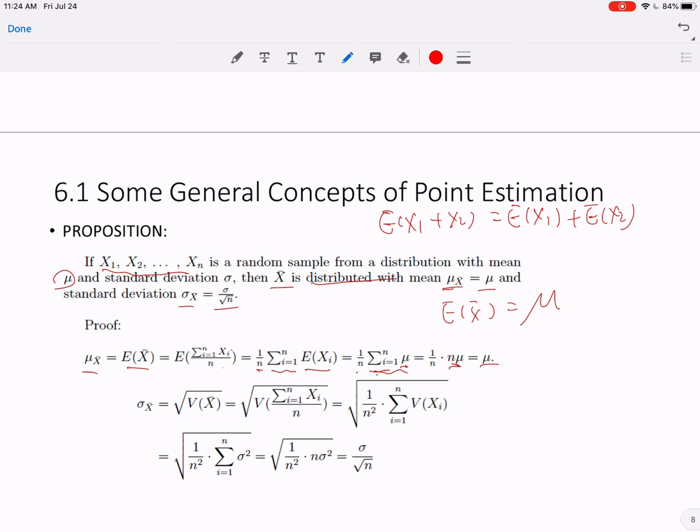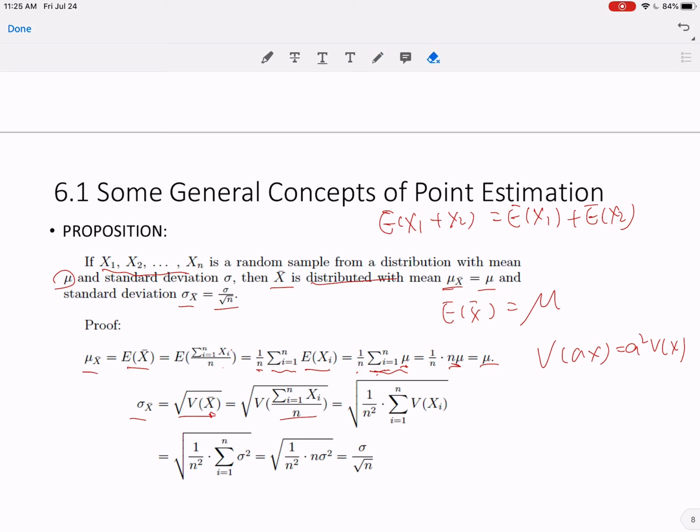Now, after the expected value of x bar, let's take a look at the standard deviation of x bar. Same thing. We know x bar is equal to the sum of all x values divided by n, and based on the property of variance, we know that the variance of aX is equal to a squared times the variance of X. That's why we have the 1 over n squared outside the summation here.